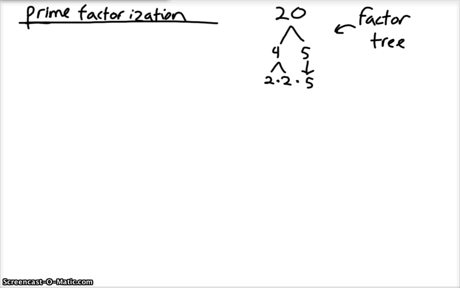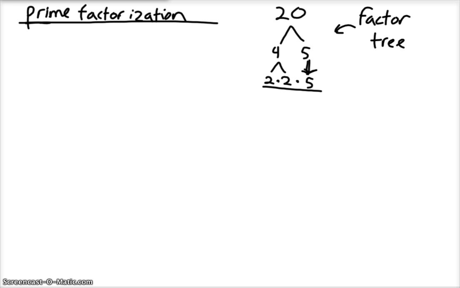When you break it down, 2 times 2, those are the prime factors. Now we're left with all prime numbers. See how I carried the 5 down. When we're trying to find the prime factorization, you use the factor tree.